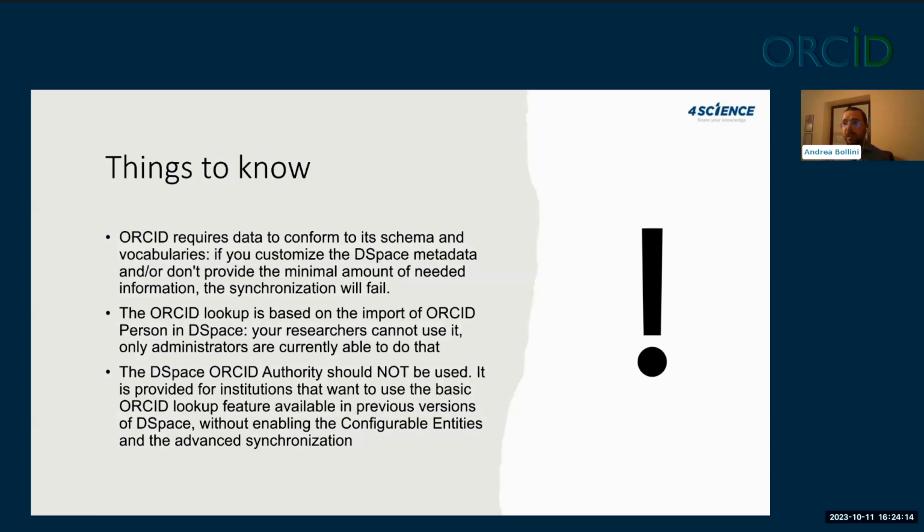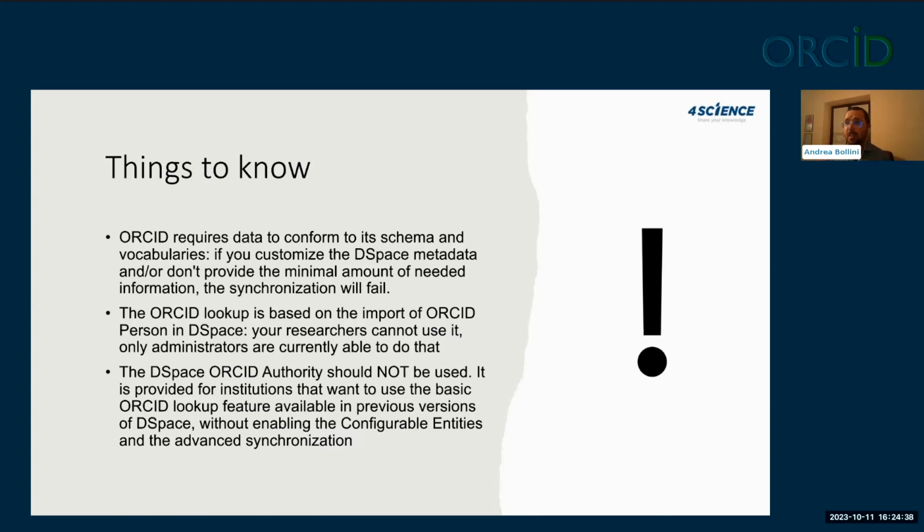And the user interface will prevent you from sending this incomplete information to ORCID, and will inform you that if you want to reference an organization, you need to know an identifier for this organization. If you want to send a publication, the title is required, is mandatory, and things like that.